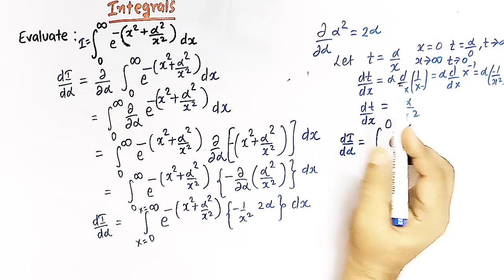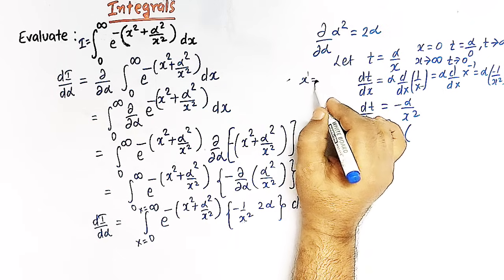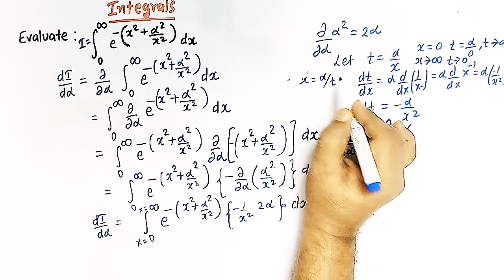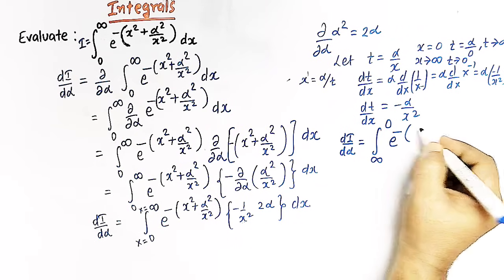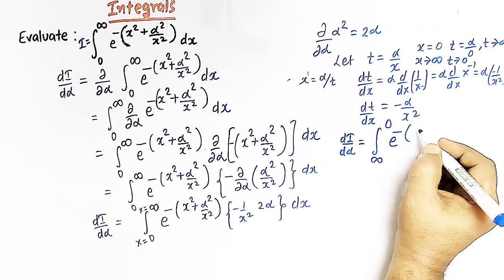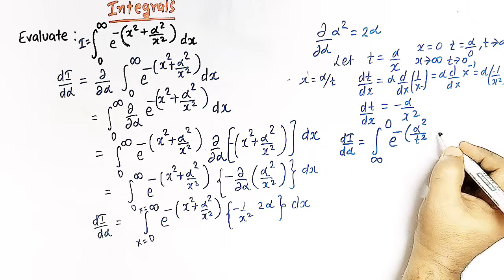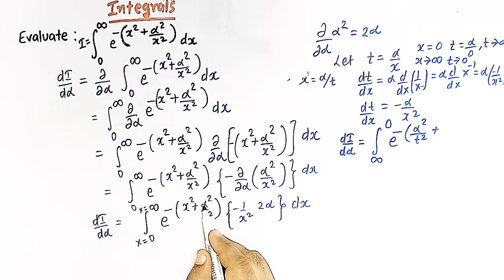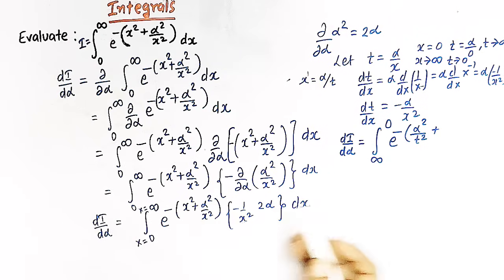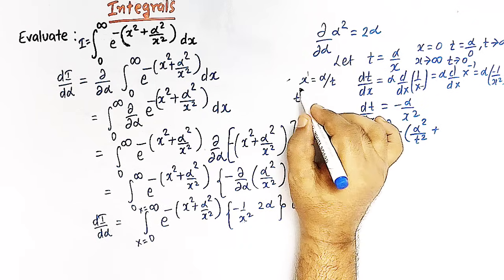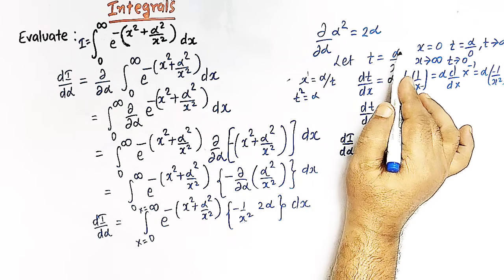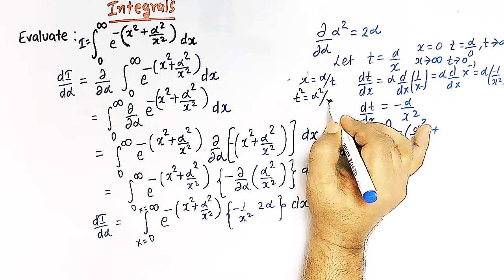So from here we can now write x is equal to alpha over t. So here we have x square, that is equal to alpha square over t square, and then we have alpha square over x square. So t square is equal to alpha square over x square.